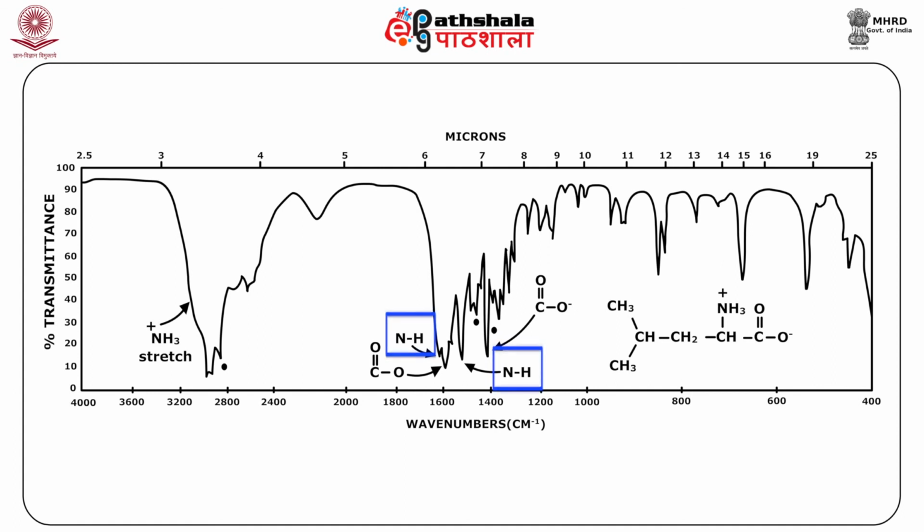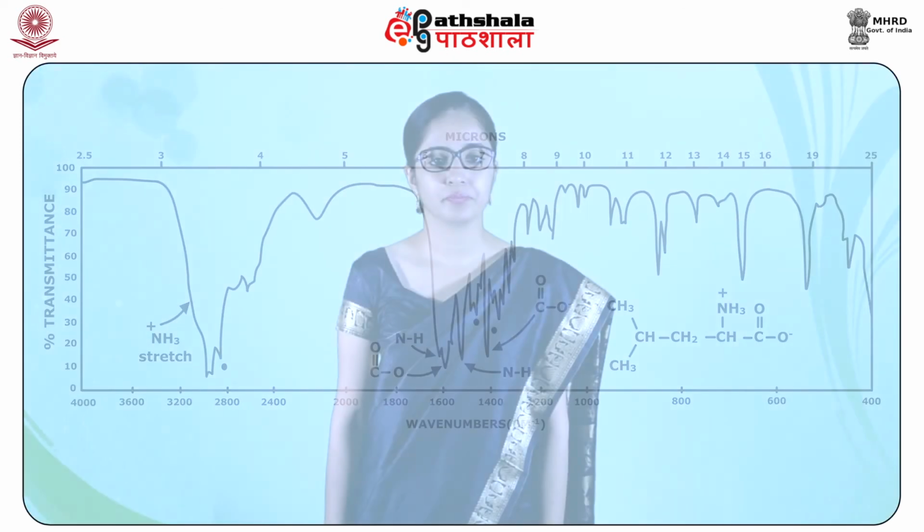Primary salts show two bands, asymmetric at 1600 cm⁻¹ and symmetric at 1500 cm⁻¹. Secondary salts absorb in the region of 1610 to 1550 cm⁻¹. Tertiary salts absorb only weakly. All the amine salts show bands due to C-N vibrations in the fingerprint region, but these bands are weaker.